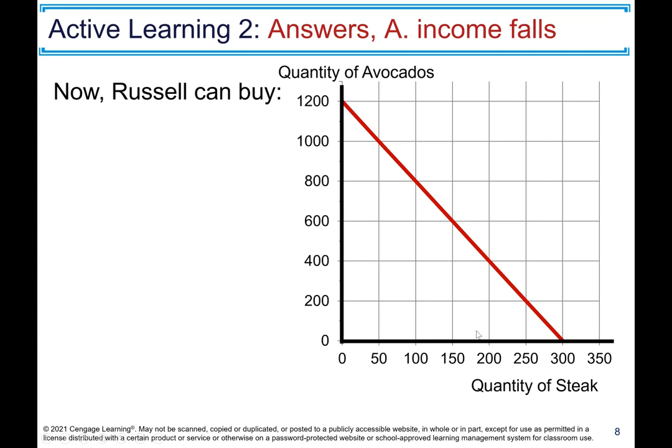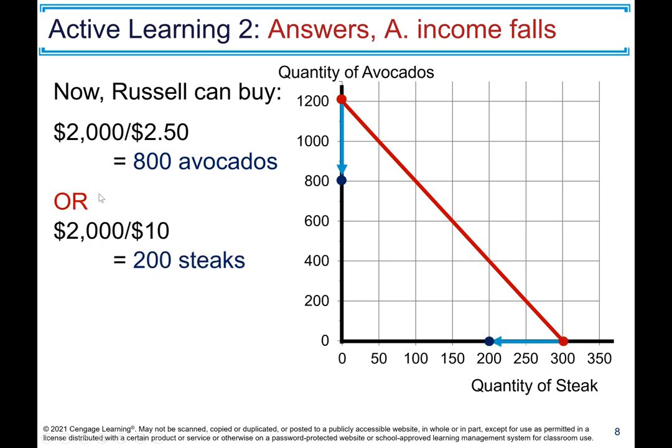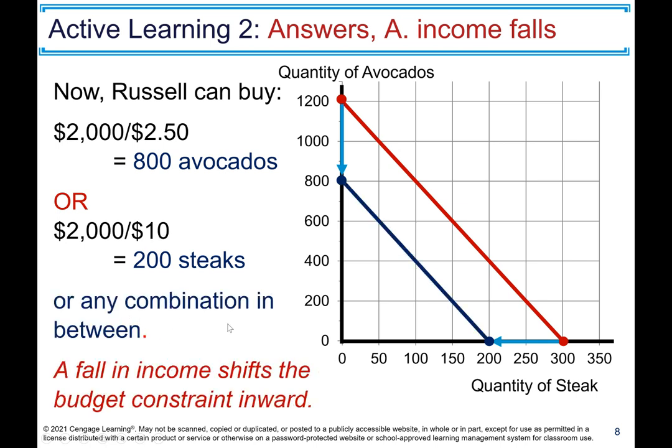Starting with the initial budget constraint, now Russell can buy $2,000 divided by $2.50, which is 800 avocados. Or he can spend the money to buy 200 steaks, that is $2,000 divided by $10, or any combination in between. A fall in income shifts the budget constraint inward. As you can see, a left shift of the budget constraint.